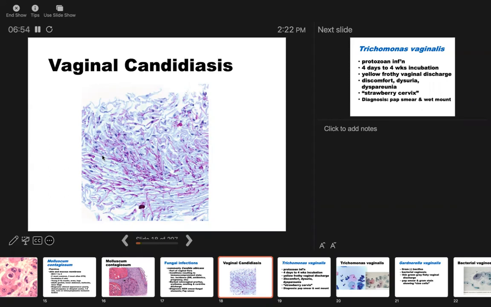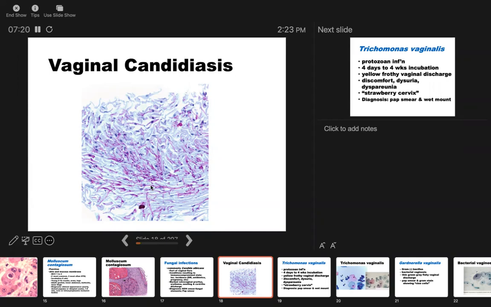When this happens, you will know that your patient is having candidiasis because the common complaint would be vulvovaginal pruritus, erythema, swelling, and the characteristic curd-like vaginal discharge. So you have to demonstrate the presence of the fungal elements, which in this case are the pink structures that you see.